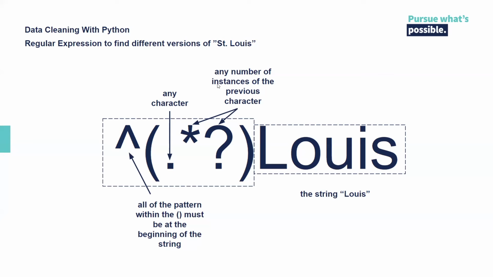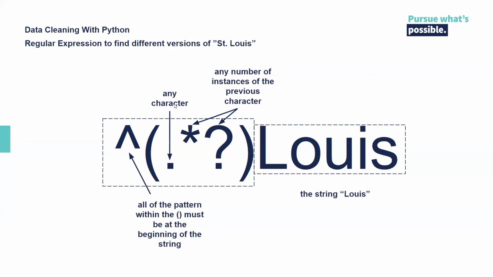But the regular expression is going to use a number of symbols that represent different patterns. The first symbol here, this little caret, means that all of this pattern within the parentheses has to be at the beginning of a string. So at the beginning of a string, you have something, and within the parentheses, it indicates, okay, here's what we're trying to find.